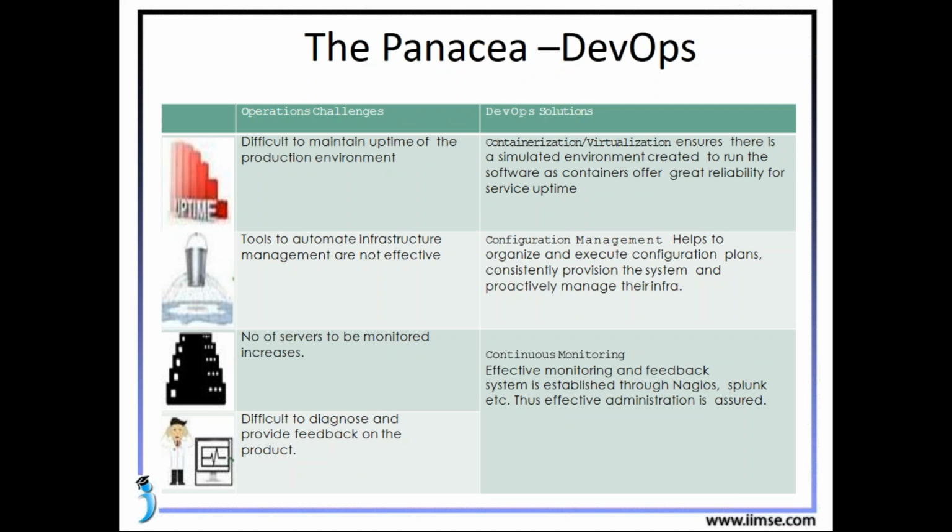Now, tools to automate infrastructure management were not effective. So configuration management, automated code deployment, as the number of servers is increasing. Previously, people used to have 5 servers, 10 servers, 20 servers, and they were easily able to deploy the code.